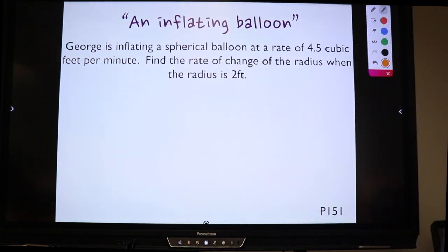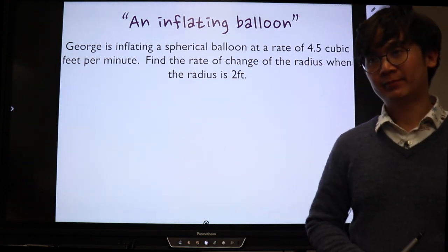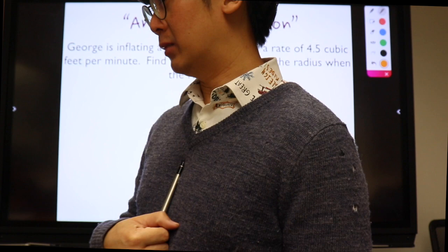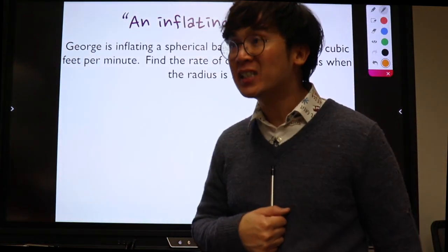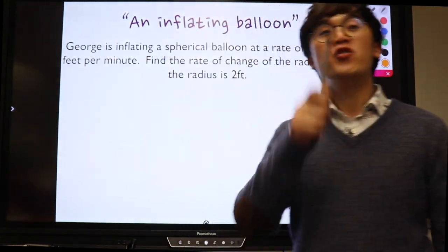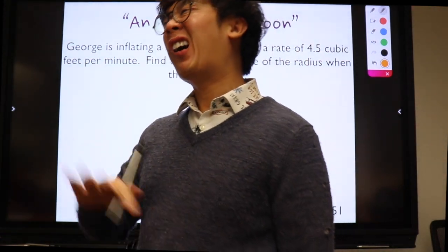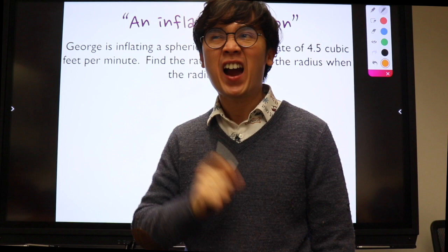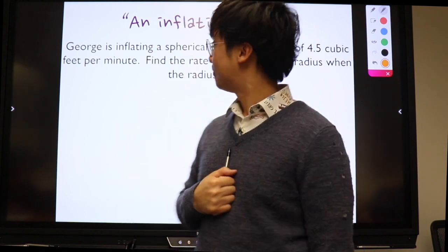George is inflating a spherical balloon at a rate of 4.5 cubic feet per minute. Find the rate of change of the radius when the radius is 2 feet. Now, do we have the equation that we're going to be working on in this word problem? Yes or no? Is the equation explicitly given in this word problem? No. But what clue can we use so that we can find the equation that we're going to be using in this related rate problem?